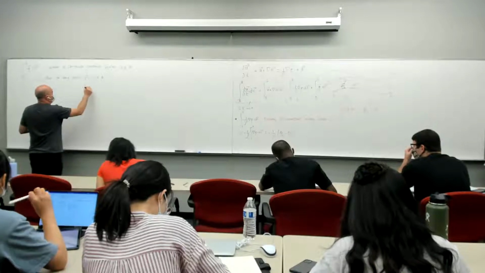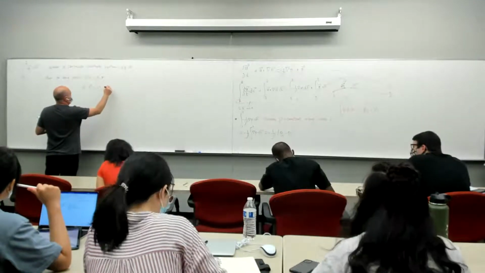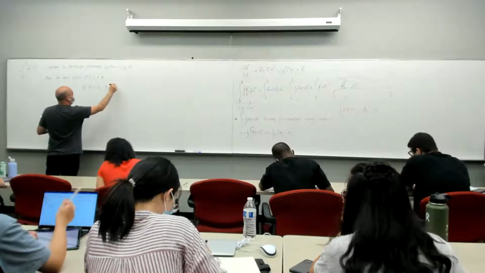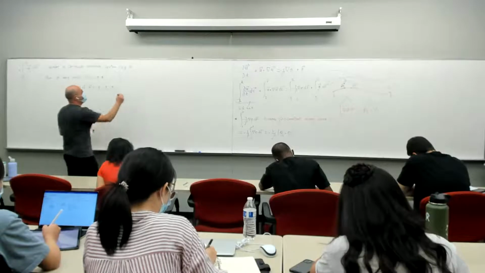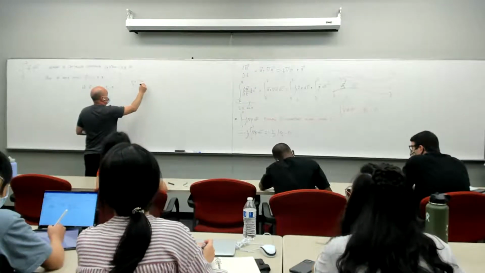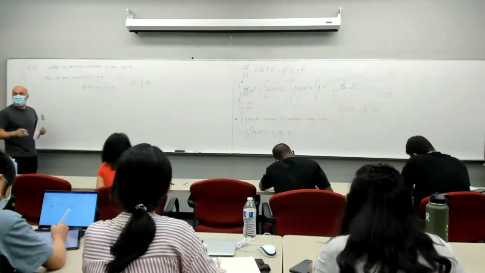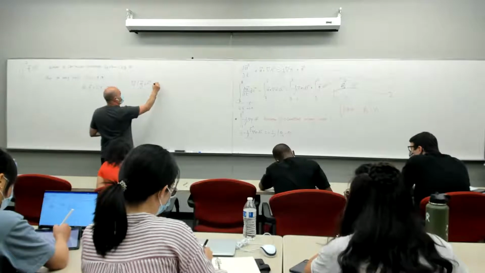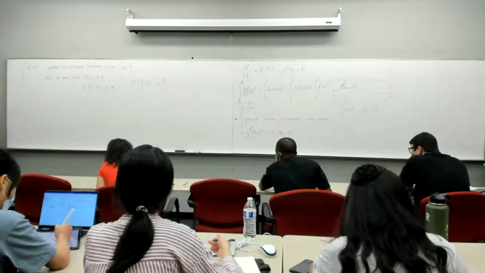If G has the following components, gx, gy, gz, then I want you to evaluate the following formula. What is this equal to? Take a moment and show me what this is equal to.